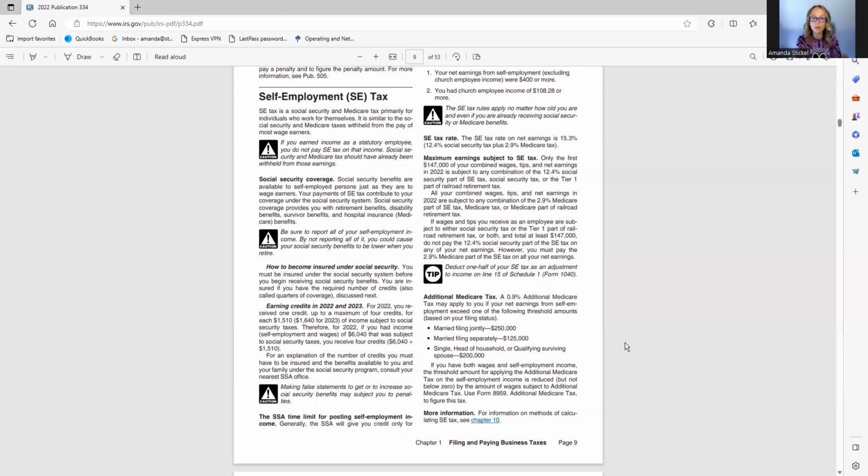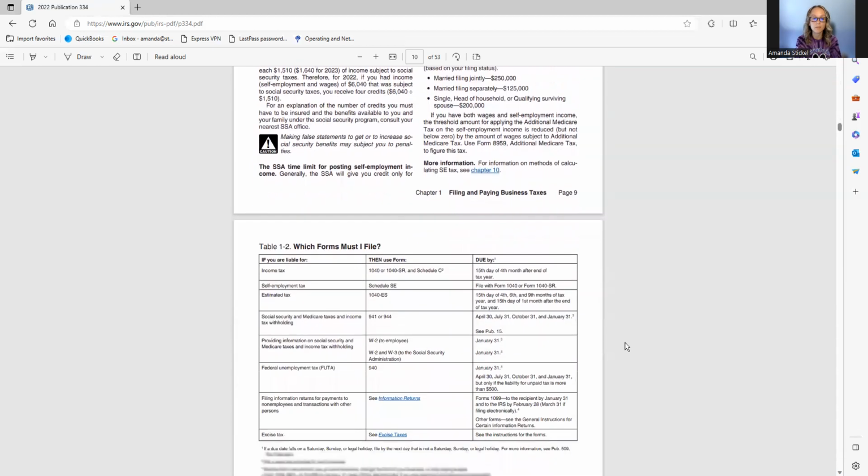If you have both wages and self-employment income, the threshold amount for applying the additional Medicare tax on the self-employment income is reduced, but not below zero, by the amount of wages subject to additional Medicare tax. Use Form 8959, Additional Medicare Tax, to figure this tax. For more information on methods of calculating SE tax, see Chapter 10.